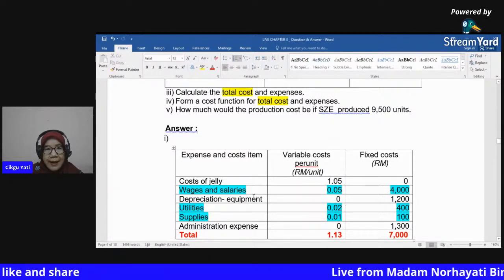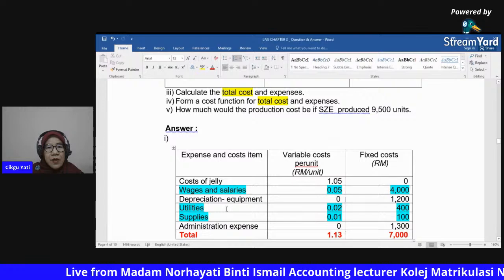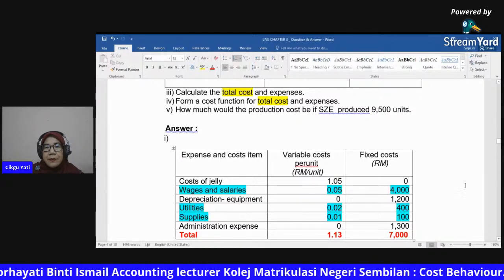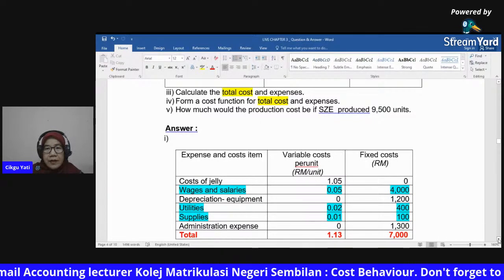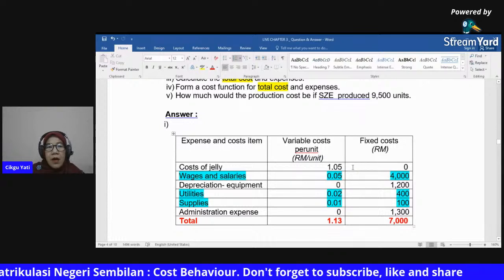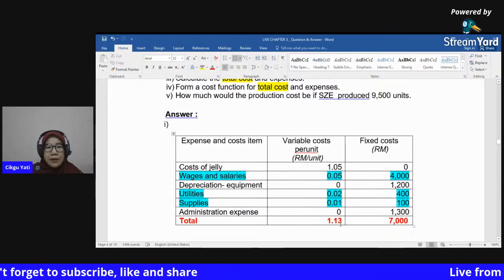But for these three items, wages and salaries, utilities and supplies, these costs are classified as mixed costs. Okay, what should you do? You have to total all these items, and then you get the total variable cost per unit.